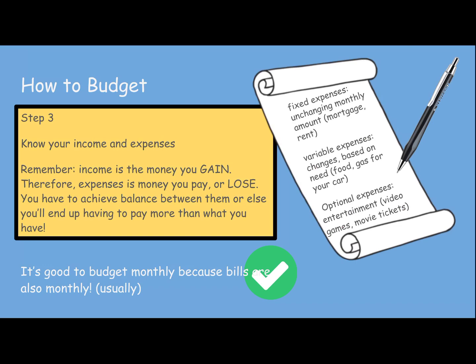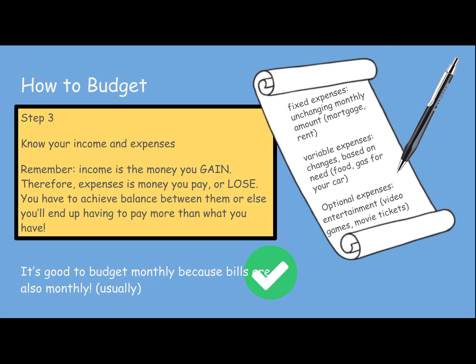Variable expenses, those change a little bit. So based on your needs of food or gas for your car, you don't exactly know when you're going to need them, but they are still expenses that you're going to be dealing with every month, right?